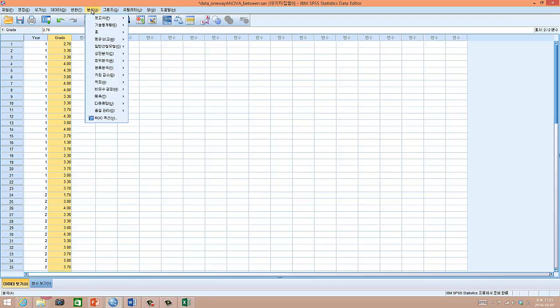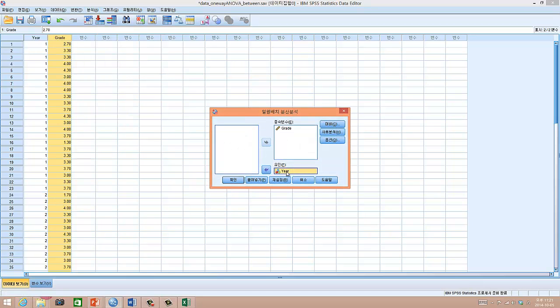And then let's perform the analysis. You click Analyze, Compare Means, and here One-Way ANOVA. Here is the factor, the independent variable or the group division, which is year, and as the dependent variable, it's grade.